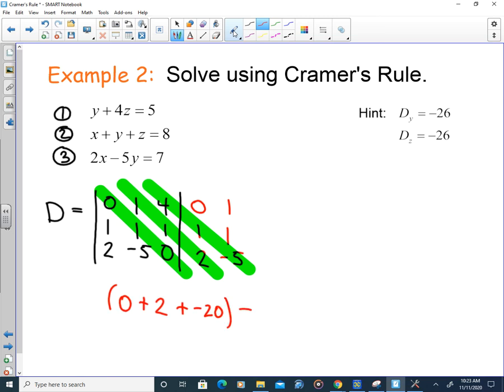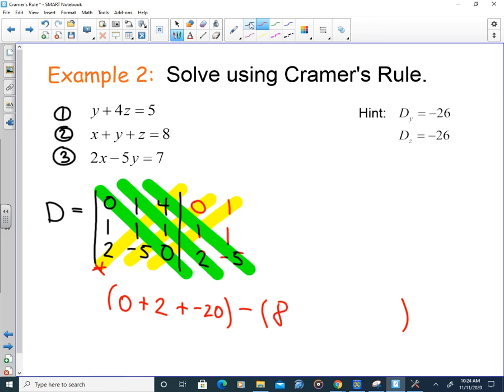And then it's always subtract. What am I subtracting? Well, I gotta use my other diagonals. I go from right to left. So let's use those. So we're gonna be multiplying those three numbers, these three numbers, and those three numbers. So start with this one. 2 times 1 times 4 is 8.